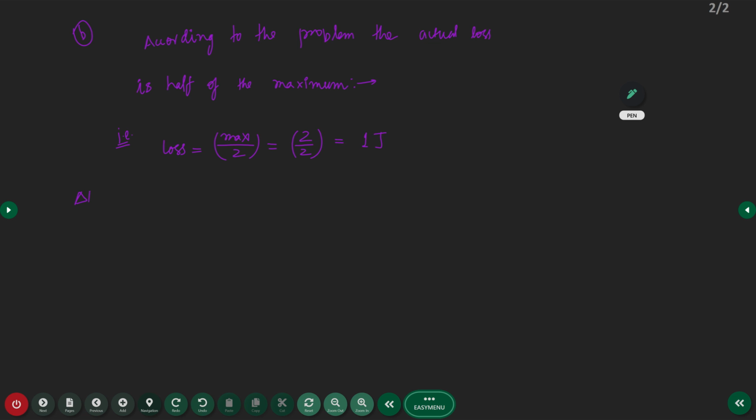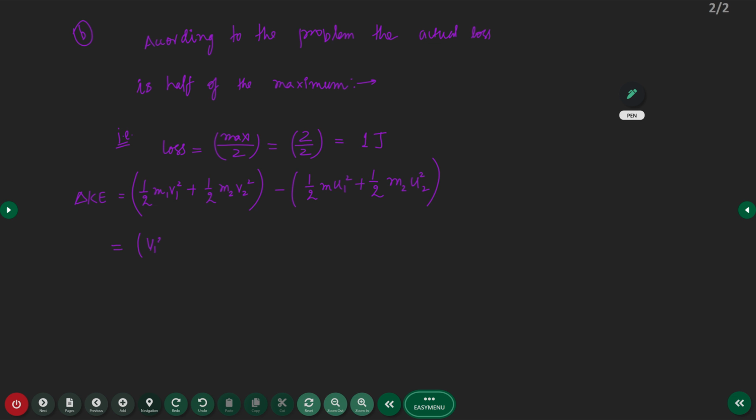So delta KE we have to define again for part B, is equal to half m1 v1 square plus half m2 v2 square, minus half m1 u1 square plus half m2 u2 square. You understood? V1, V2 is unknown for this part B. So m1 is 2, m2 is 2, 2 and 2 cancel.